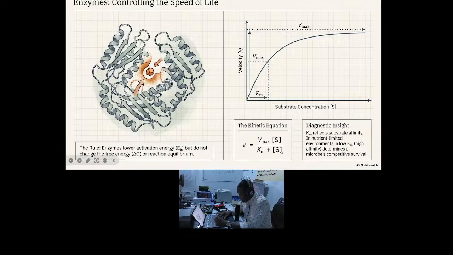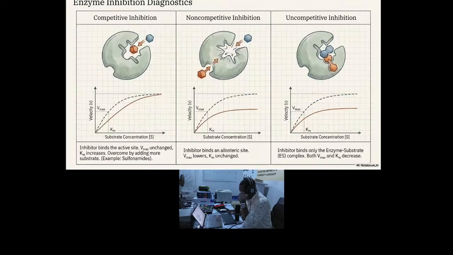Km reflects substrate affinity in the nutrient environment. You can see s here, that is substrate. We talk about this in the next slides.